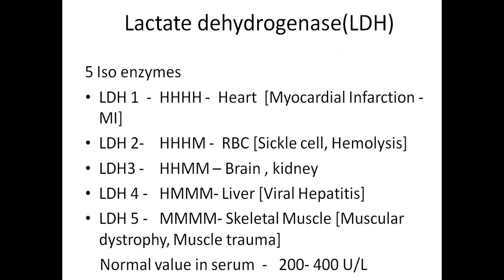Another enzyme is lactate dehydrogenase, which has 5 isoenzymes designated LDH1, LDH2, LDH3, LDH4, LDH5. LDH1 is made up of 4 H subunits, which are present in heart.